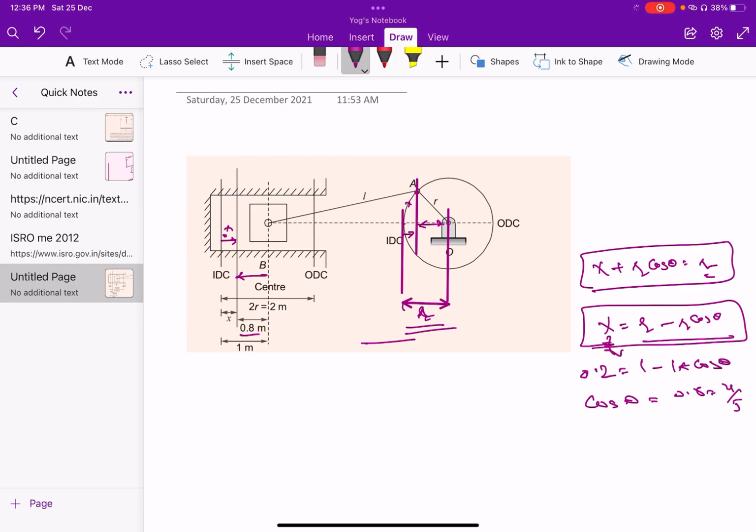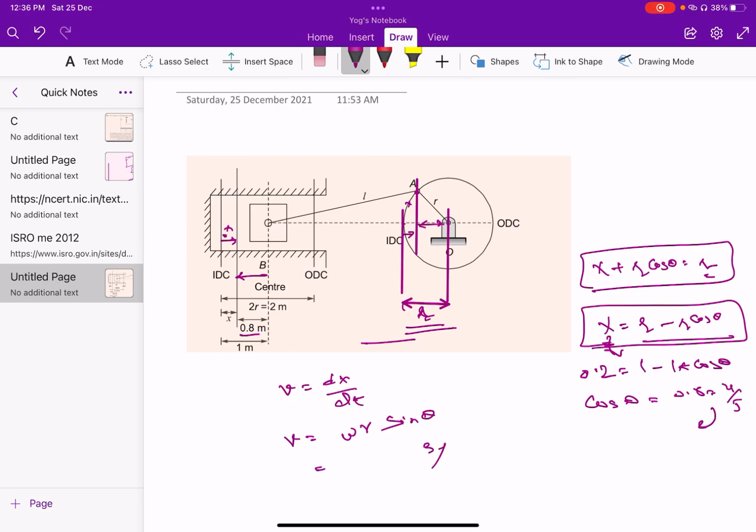I can write V is equal to dx by dt. So V will be, if I differentiate this equation, omega r sine theta. Sine theta we can find out from here.